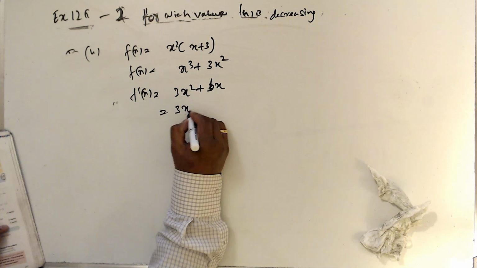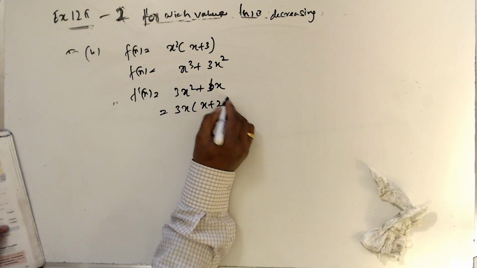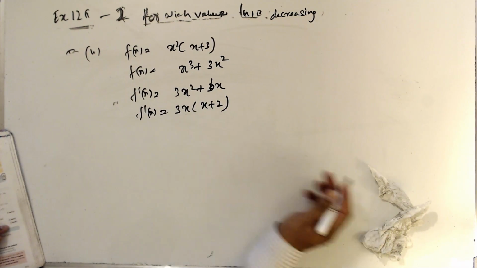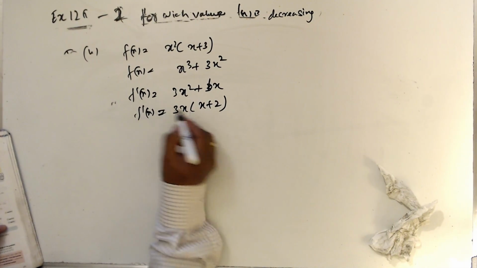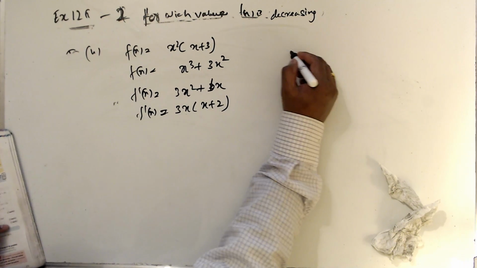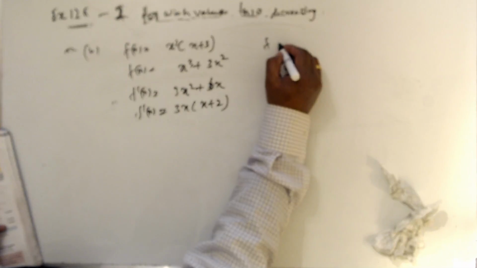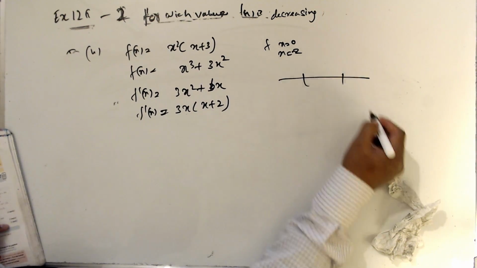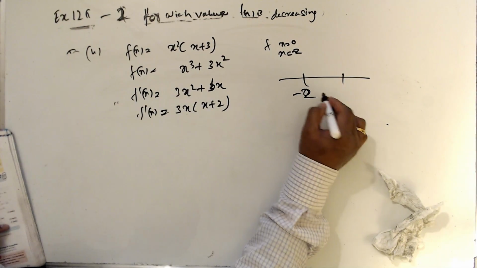When I take 3x out, this is going to be x plus 2. Now I can see that there are two critical points: x equals 0 and x equals minus 2. So this is minus 2 and this is 0.